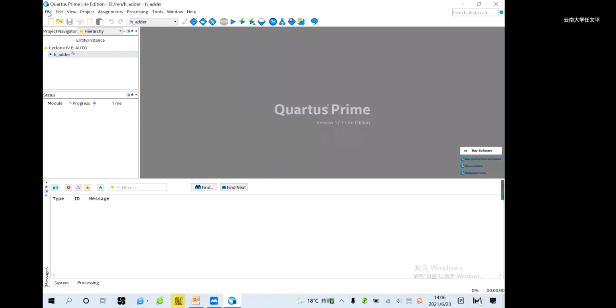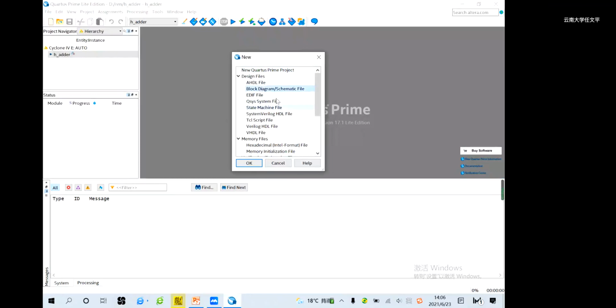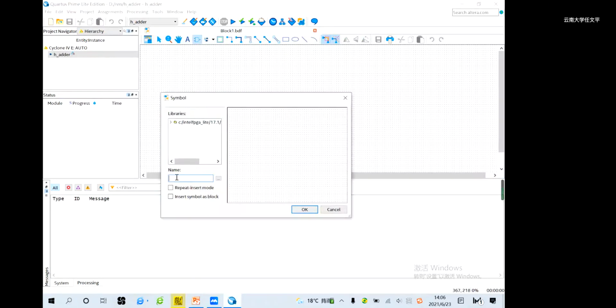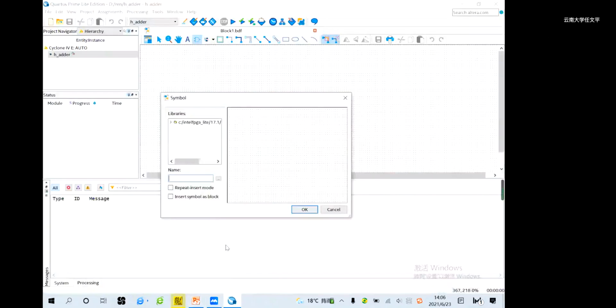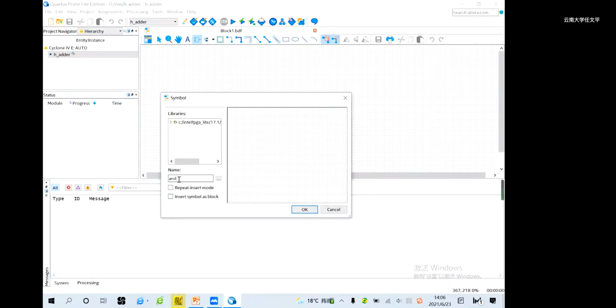The next, I will create a file by schematic. This symbol is an AND two gate.